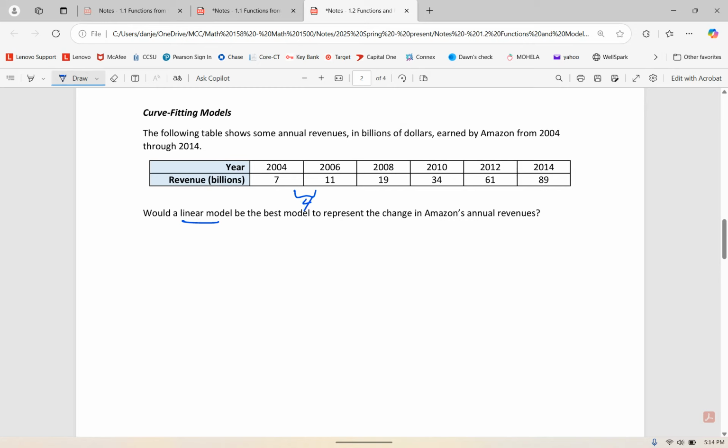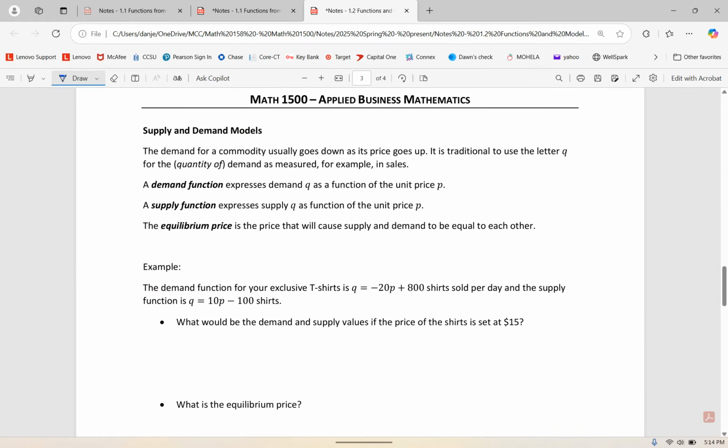The change in the next 2 years is 8, the next 2 years is 15, and the next is 27, and the next 2 years it's $17 billion. The amount of change is not consistent, so a linear model would not best represent this data. We'll talk more about that in future sections, so stay tuned for that information.